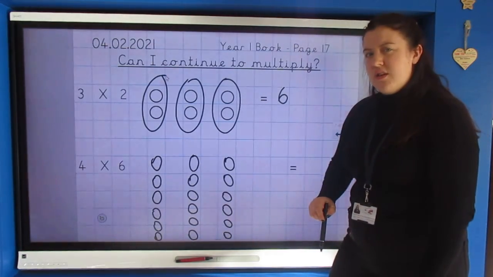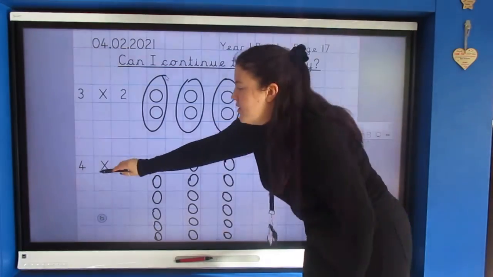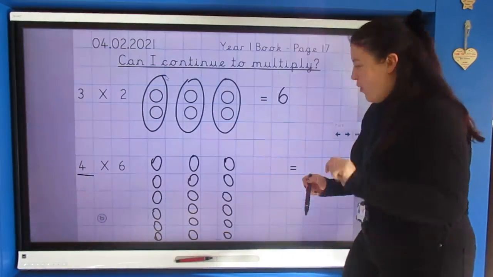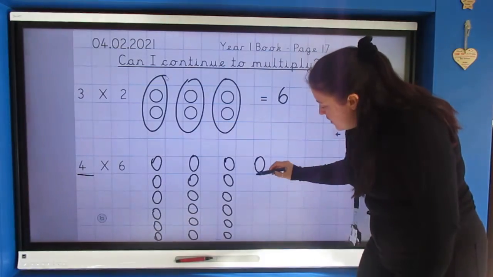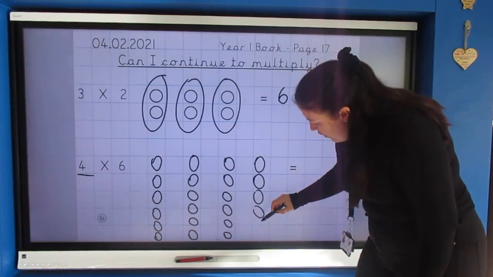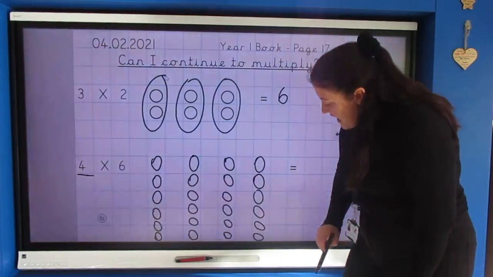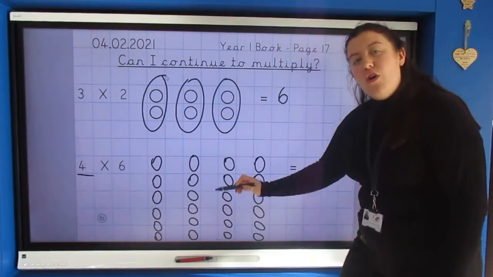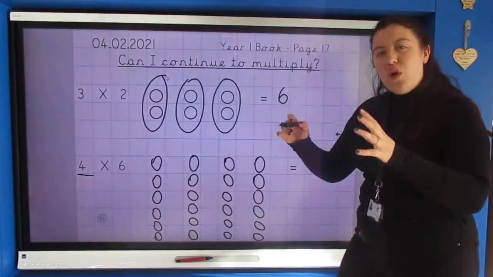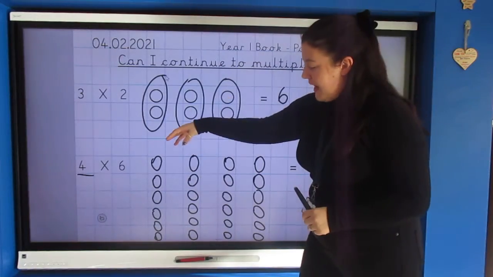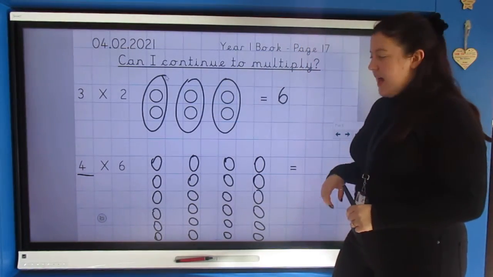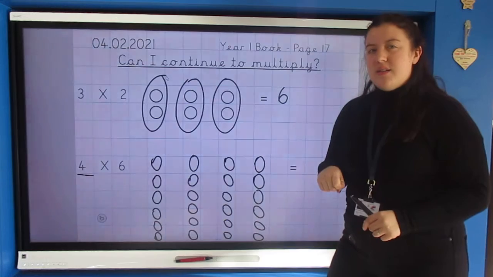Have I finished? No. How many do I need? 4 lots. One more lot of 6. 1, 2, 3, 4, 5, 6. Now I've got my 4 groups of 6, my 4 lots of 6. I've multiplied it 4 times, okay? We need to think about the answer now.